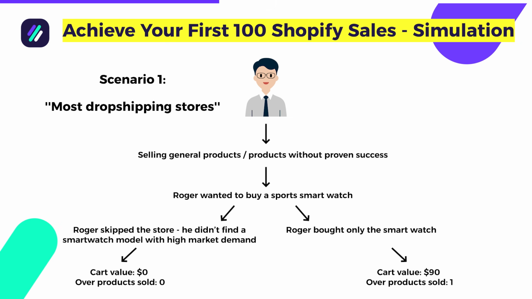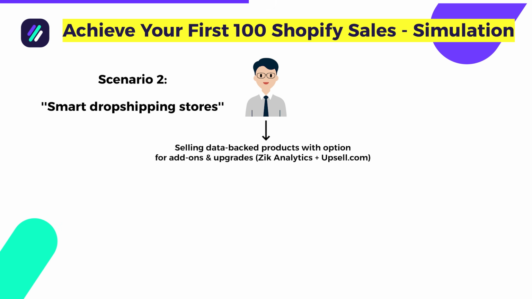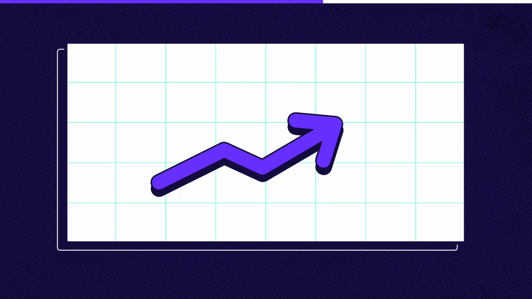Now let's run another scenario, the one that most smart, scaling, and profitable stores are using. First, they make sure that each product in their dropshipping store is backed by data, fits the current market demand, and offers options for add-ons and upgrades, something that can be achieved using Zeek Analytics to identify winning products, and upsell Shopify apps to make the store way more appealing to buyers to increase their cart value and boost their conversion rates.